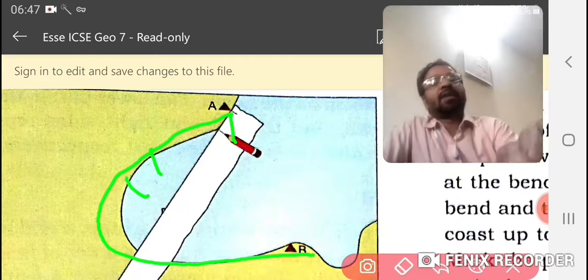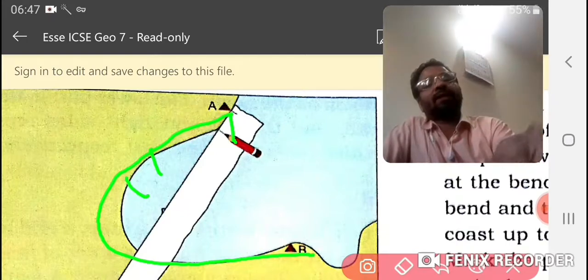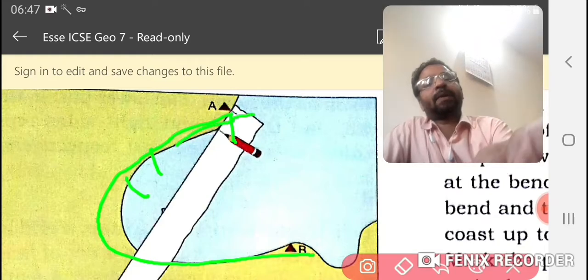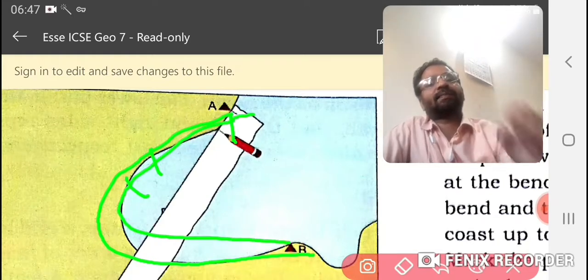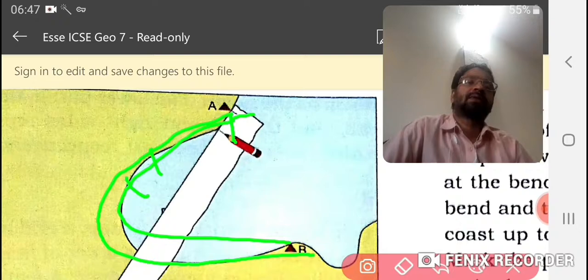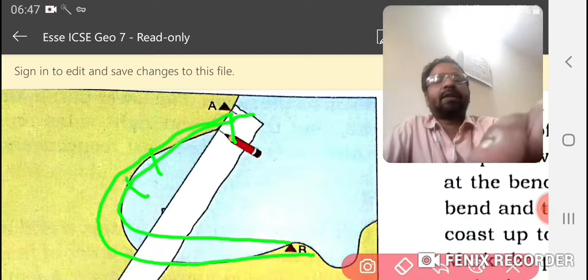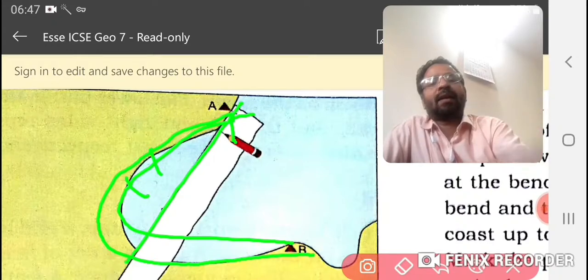But instead of using a scale, you just take a thread and keep it like this, and measure, then again you keep the thread to the scale and measure it.